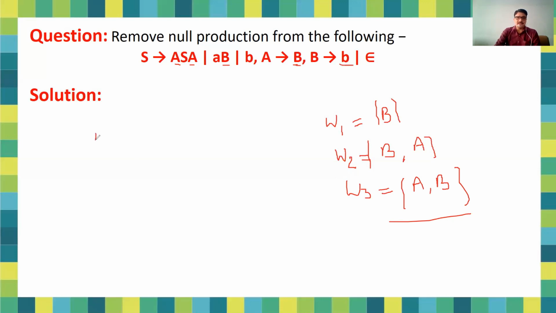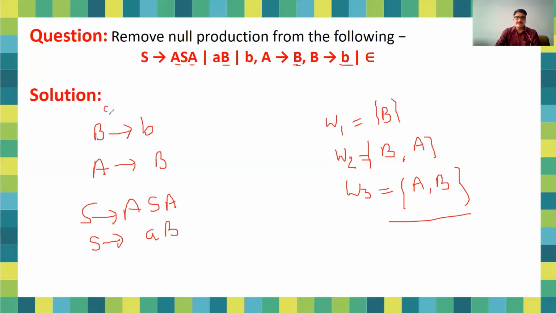So you can write it, suppose this is B → b, this is free, this is A → b, it is free, and now just try to write S → ASA, and another one S → AB, and another is S → B. So you can write here S → B because it is free from nullable variables on the right hand side.